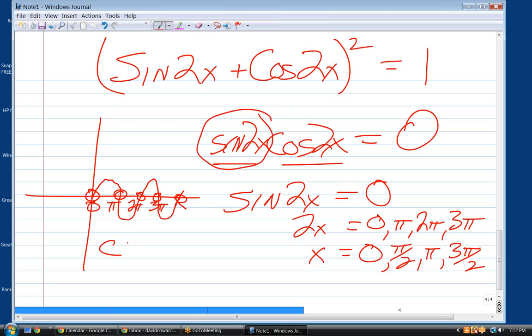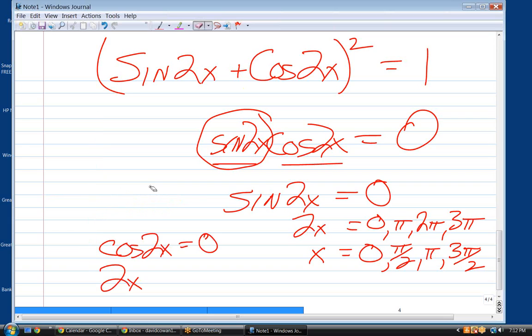Now let's set cosine of 2x equals 0. And let's draw the cosine curve. That's why you really want these curves memorized. I think the biggest reason is to find these quadrangle problems.